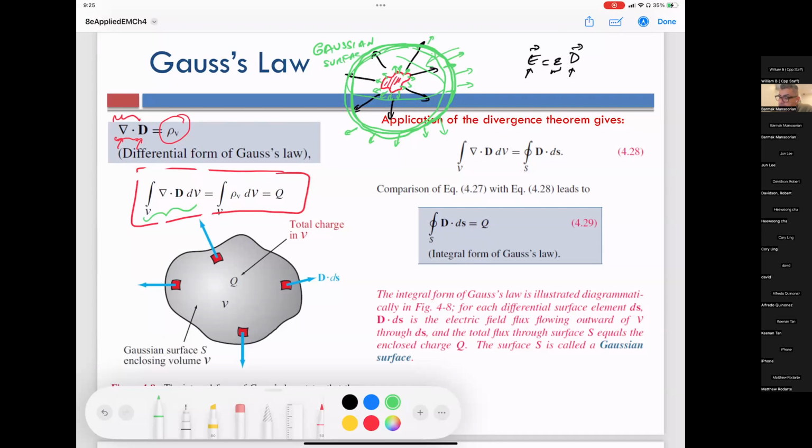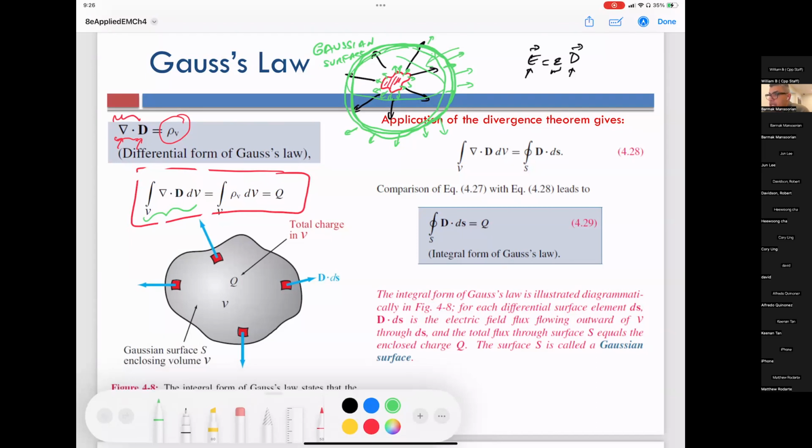Again, it's not the surface of the thing itself, but a surface you defined. It has to be a closed surface, so it can't be a circle or a ring. It has to be a sphere or an ellipsoid or something like that.